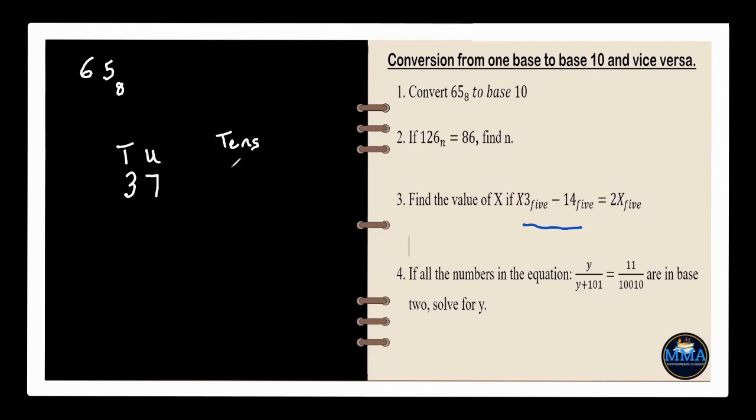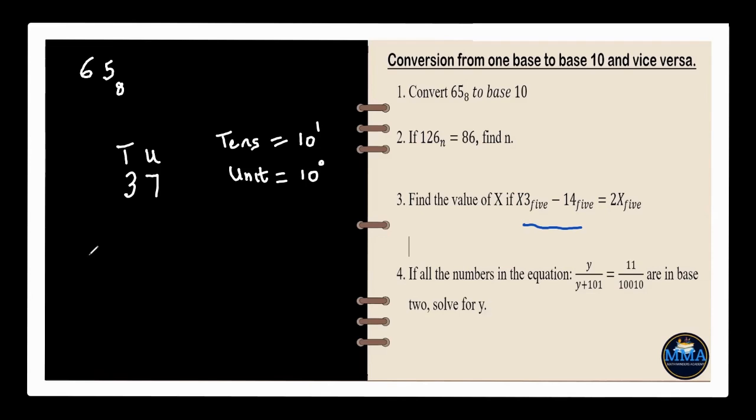The second one is the unit. Another way of writing the tens is 10 raised to power 1. The unit digit has a place value of 10 raised to power 0.